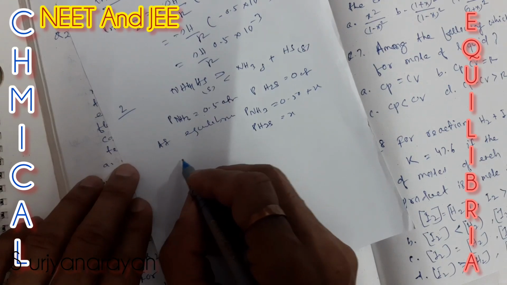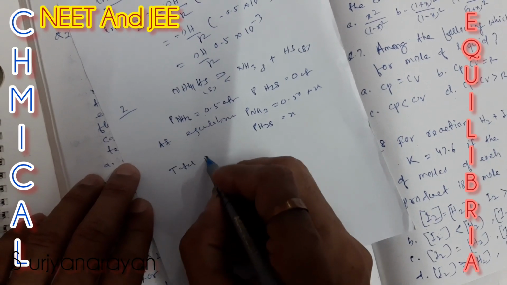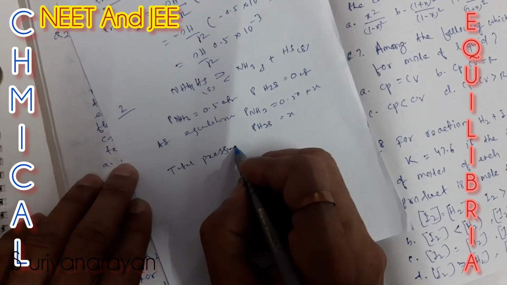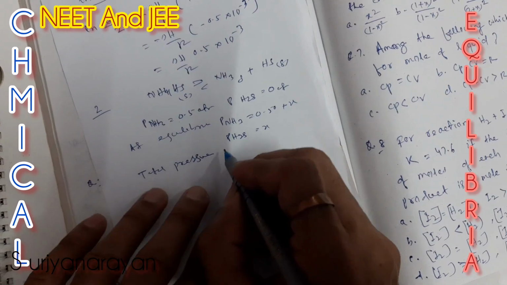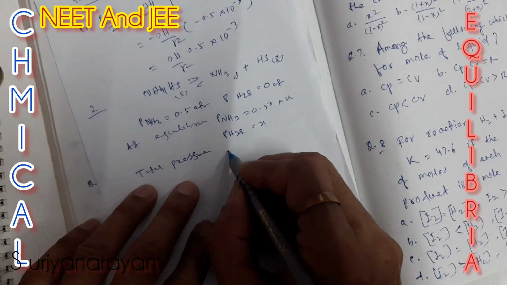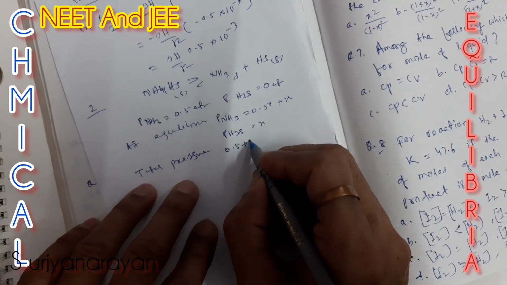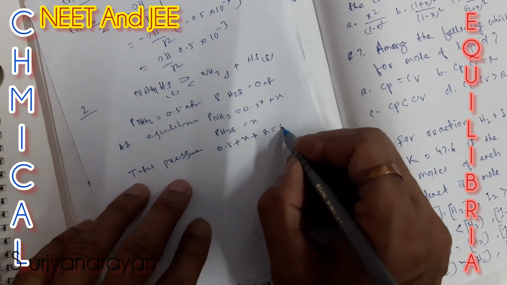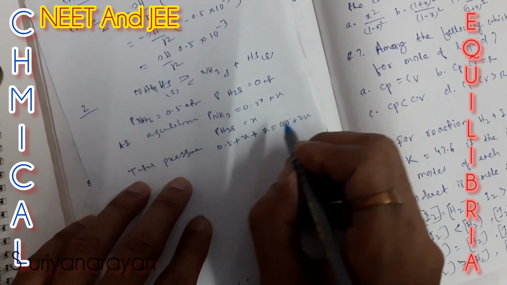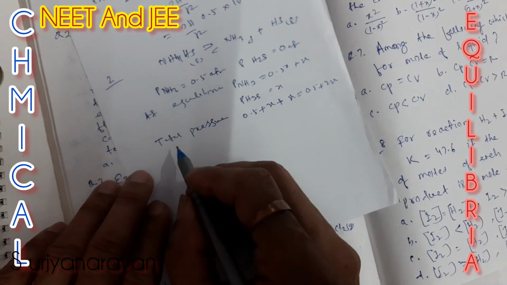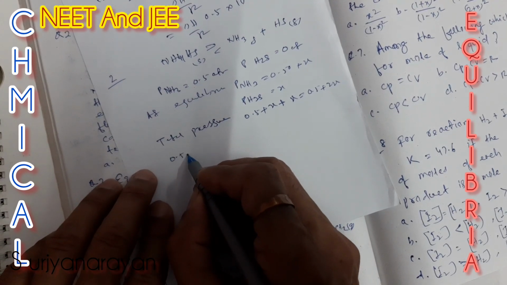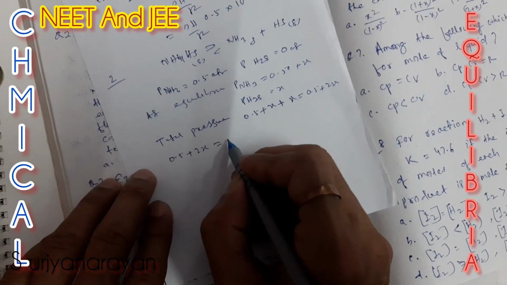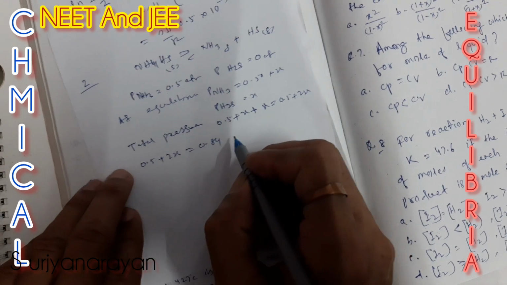So total pressure is 0.5 plus X plus X, which is 0.5 plus 2X. So 0.5 plus 2X is equal to 0.84, the total pressure.